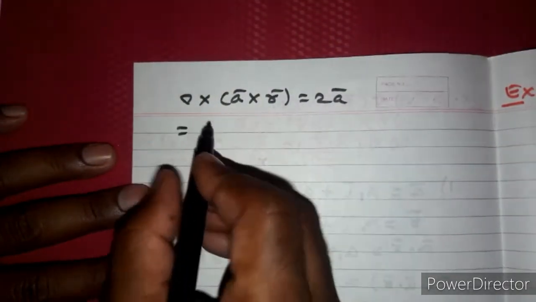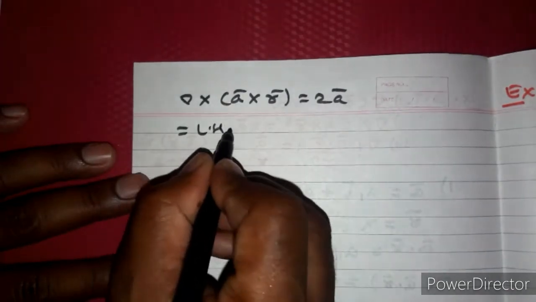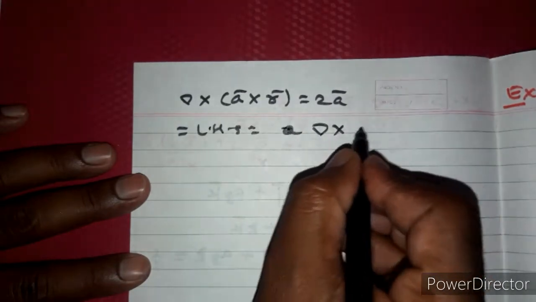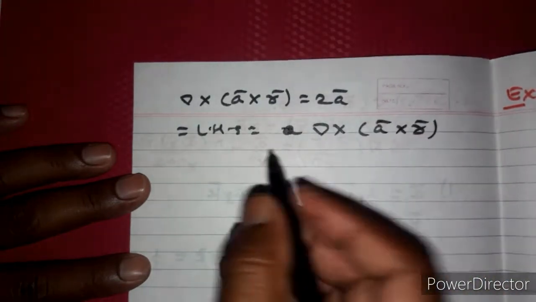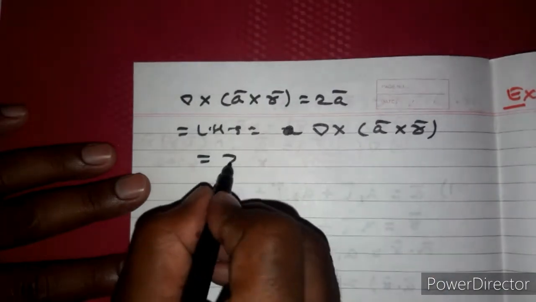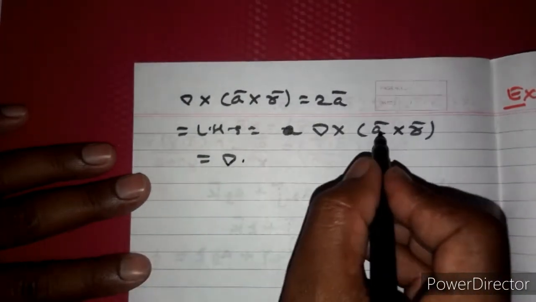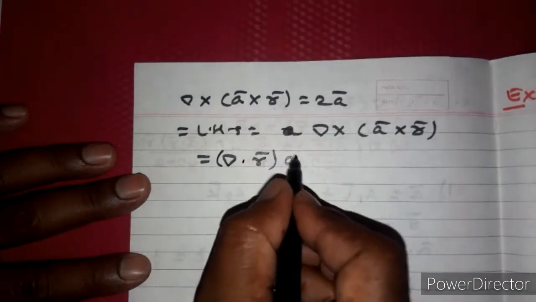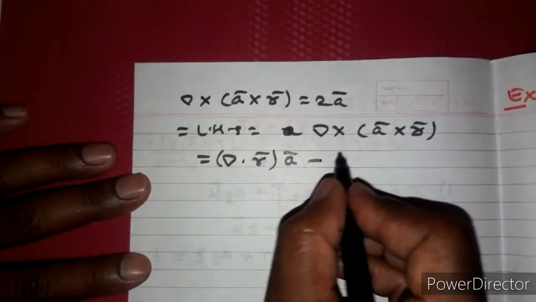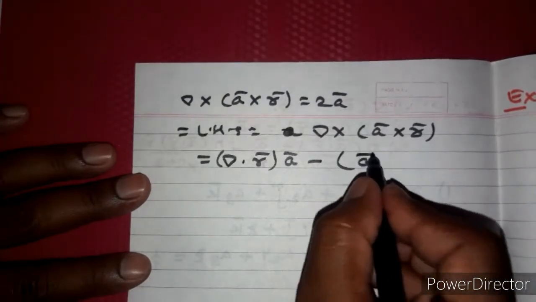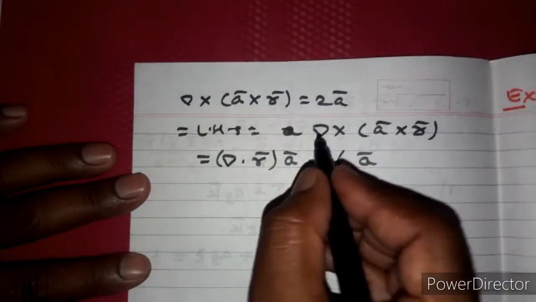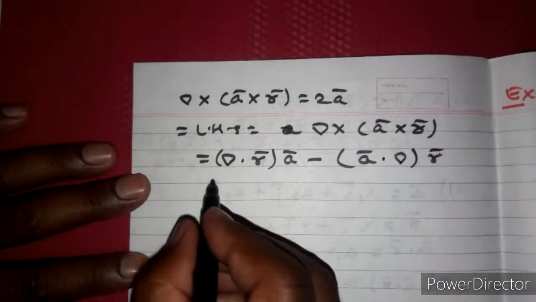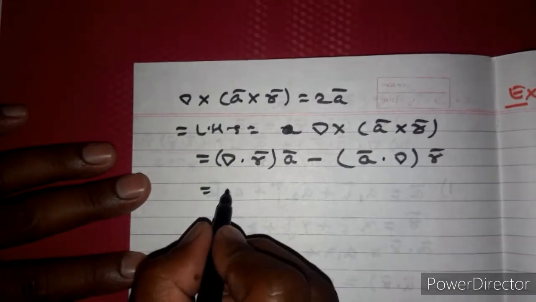We start with the LHS, del cross a bar cross r bar. Start with del dot, leave this, you get r bar: del dot r bar into a bar, minus, now start with a bar, leave this, you will get a bar dot del into r bar.